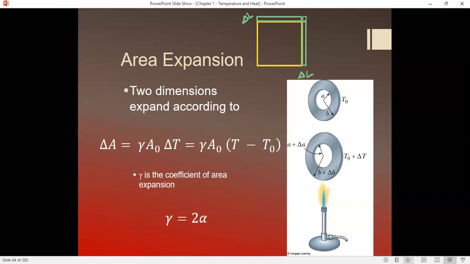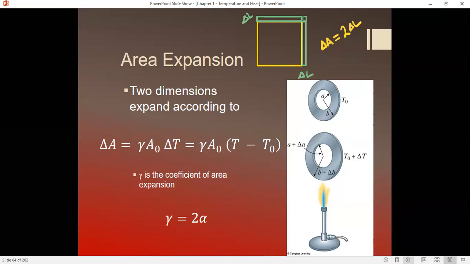The extra area that we get is going to be equal to 2 times delta L, okay, times the original length.